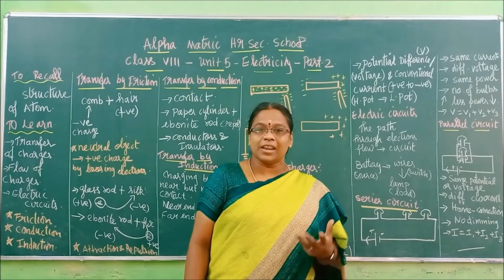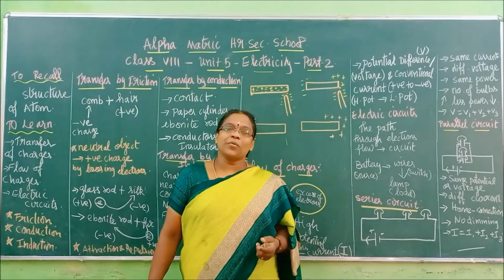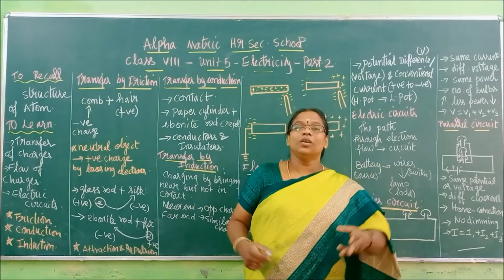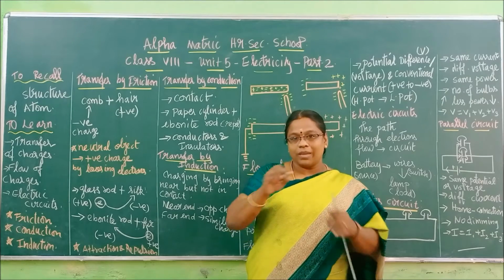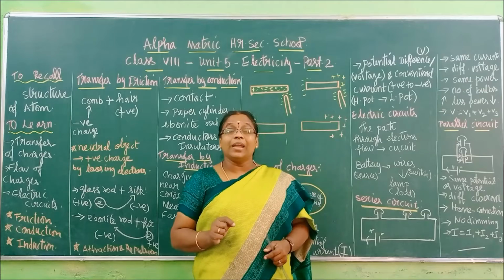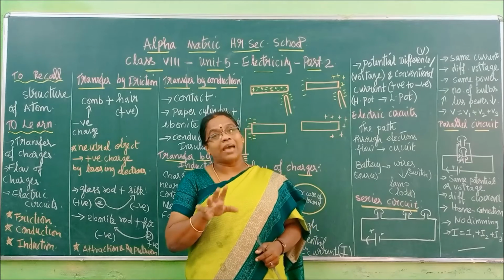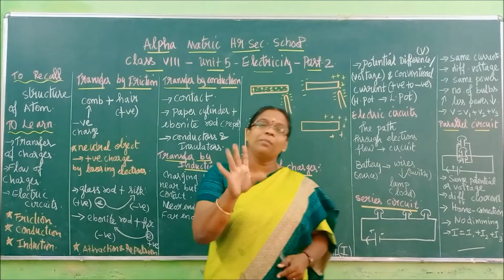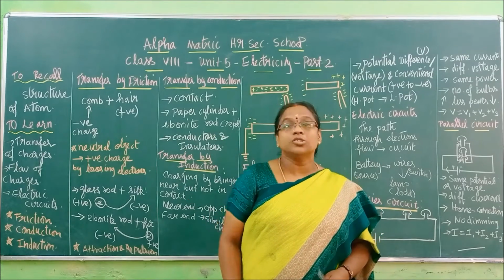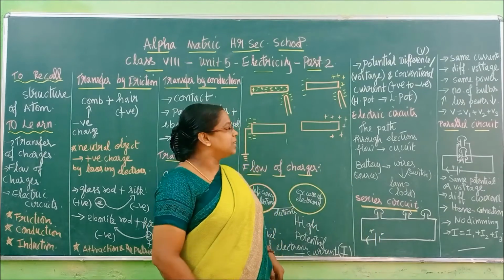In serial lights, if any one bulb has gone bad, the whole board will not work. The electrician will have a very tough time finding which bulb has gone wrong. If one bulb goes wrong, the others also go off. The reason I will tell you.